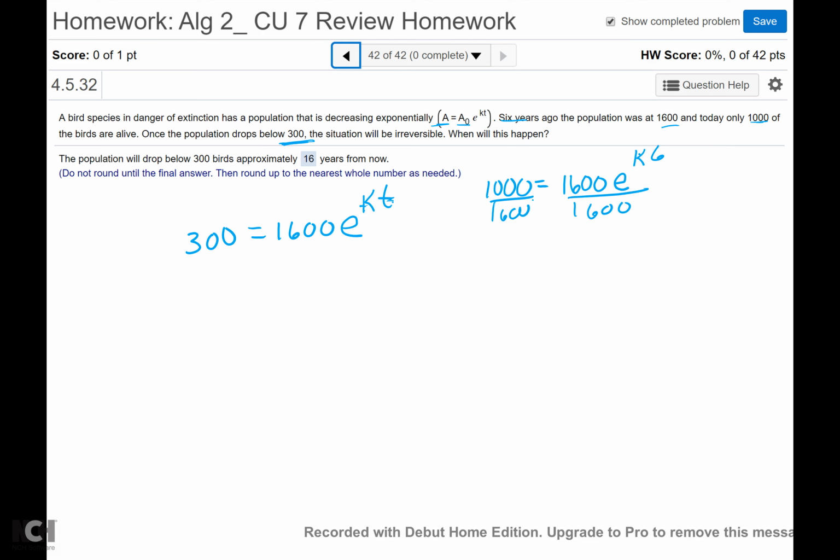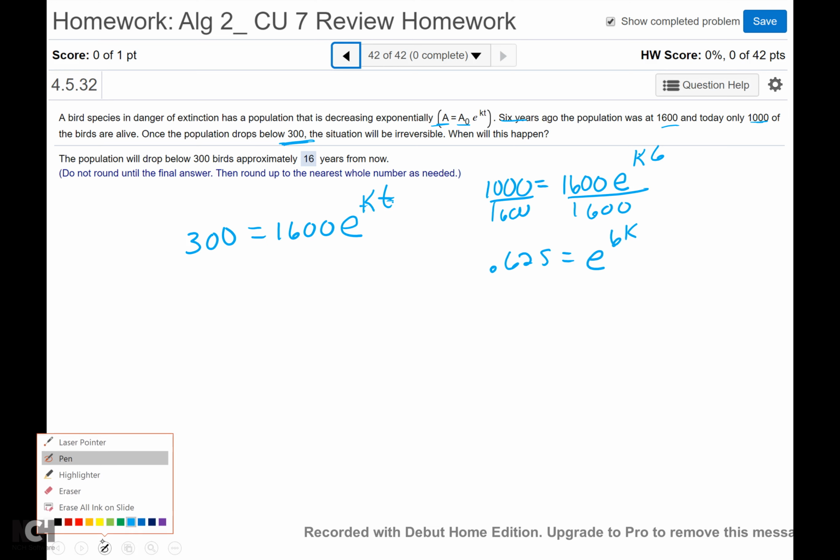I got 1,000 divided by 1,600, and get 0.625 equals e to the 6k. ln both sides.